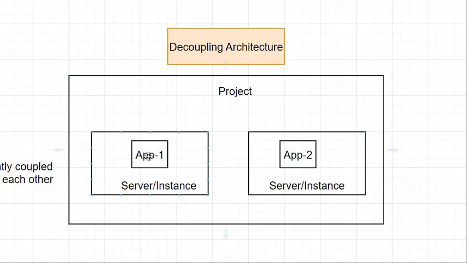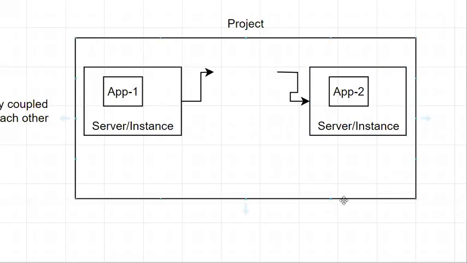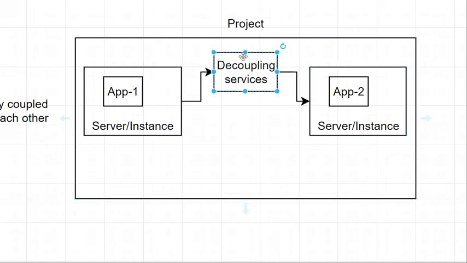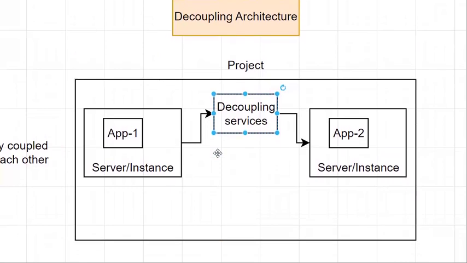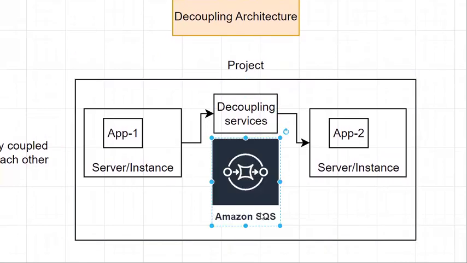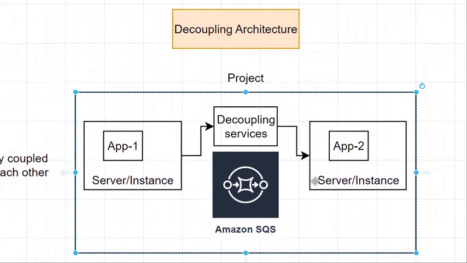Then let's say they want communication or interaction between these applications, then we can use decoupling services. In AWS, do we have any such services, sir? Yes, we have. We can take the example of SQS. By using SQS, we can implement this decoupling architecture between multiple applications hosted on different servers or different components.